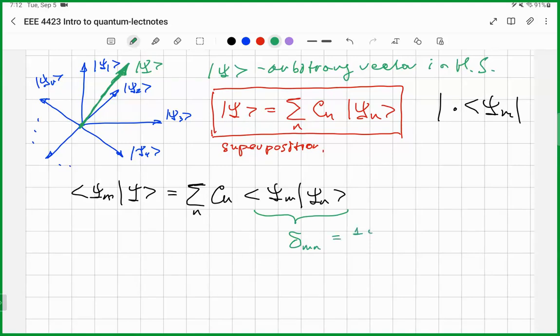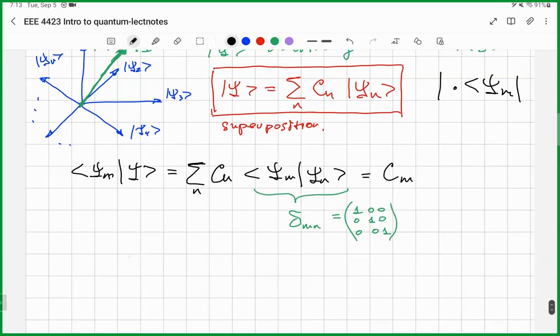Ones on the main diagonal. After summation, only the term where n equals m survives, and it is equal to 1, so we get Cm.